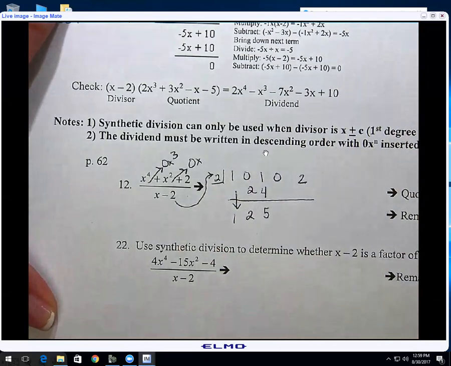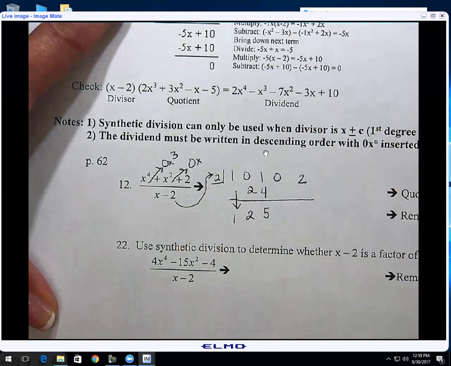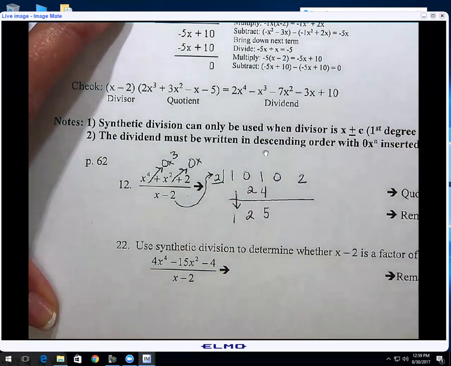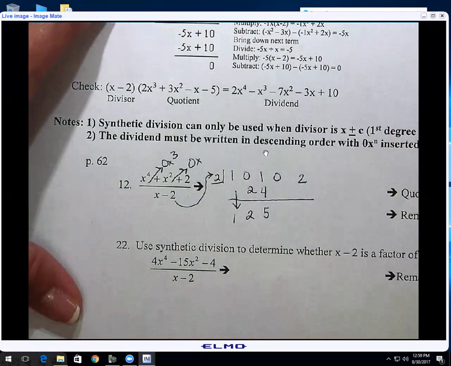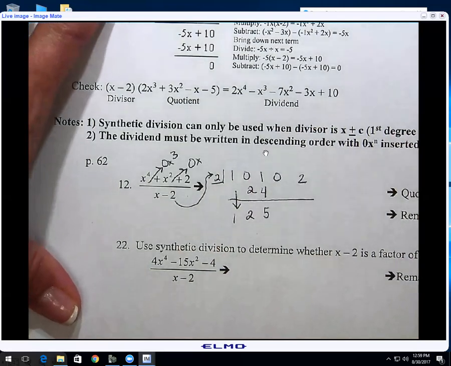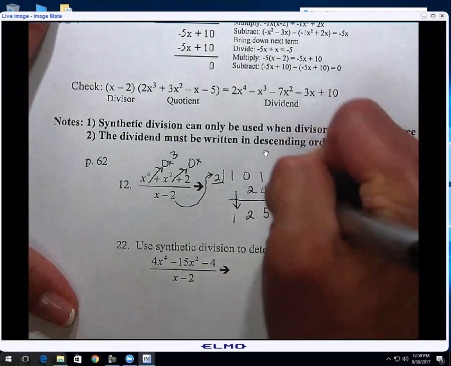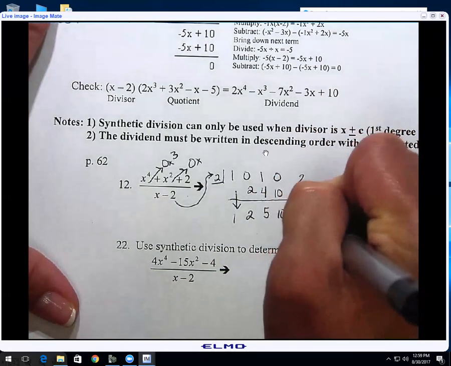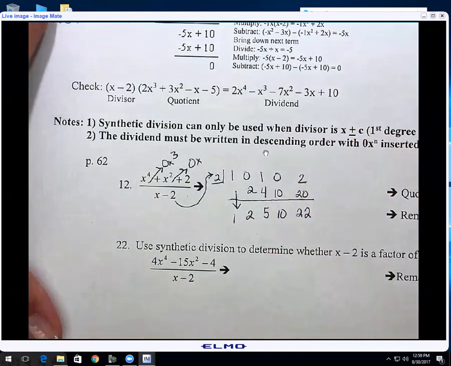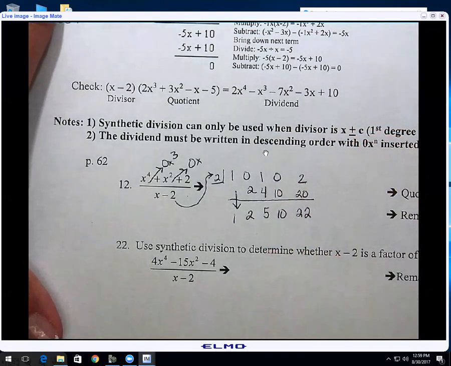Y'all go ahead and finish that one. Finish the multiplying and adding. Is that what you got? All right, that's not my answer. That's the coefficients of my answer.